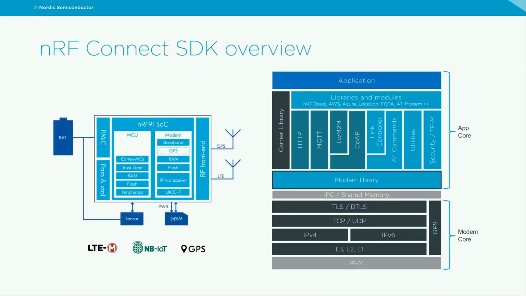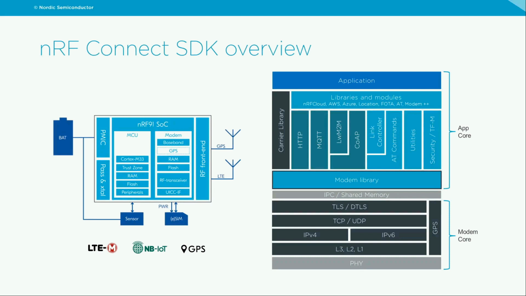So over to the SDK side. As you see here, the 9160 has both the application MCU and the modem core inside. If we look at the modem firmware side of things, the lower part of the right-hand figure, it supports LTE-M, narrowband IoT, and GPS.